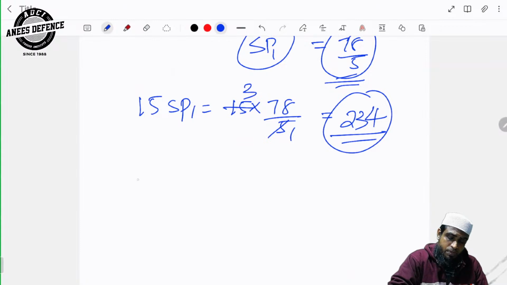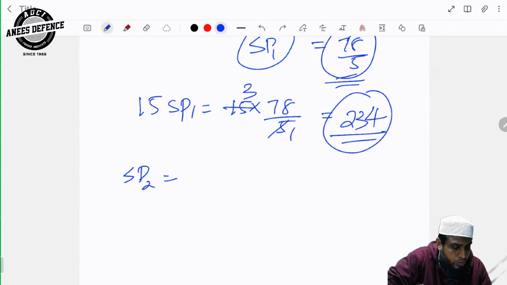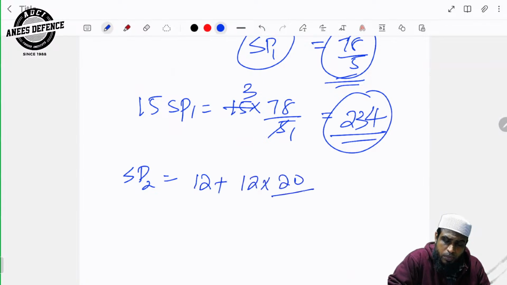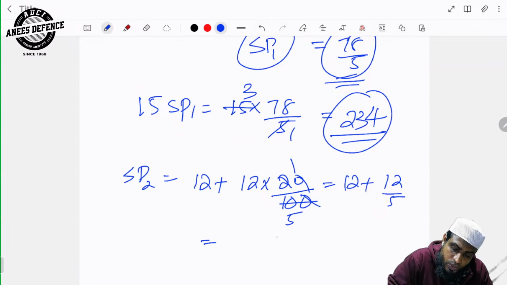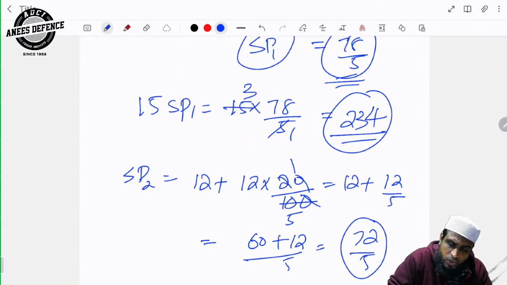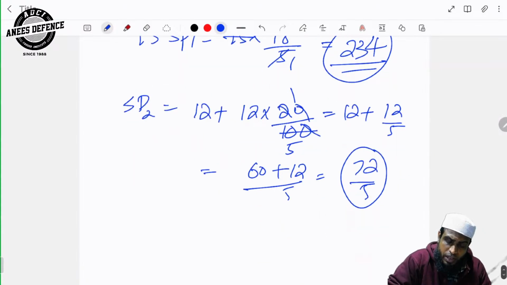So the cost price is actually 12, and 12 plus 12 into 20 percent profit, so 12 plus 12 by 5. So 60 plus 12 by 5, which is 72 by 5. This is the selling price of the second item.